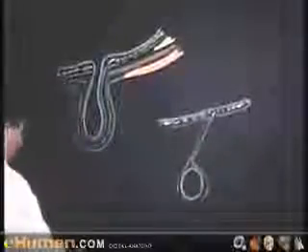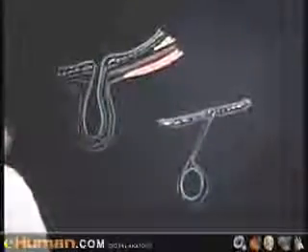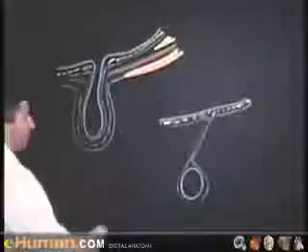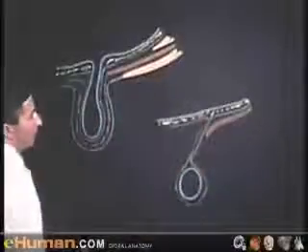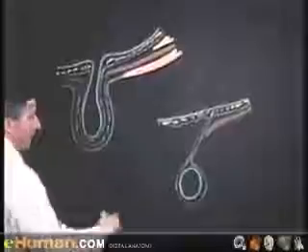And now we put in the internal oblique, and the internal oblique is actually overlapping the front of the processus vaginalis and giving rise to the cremasteric fascia.